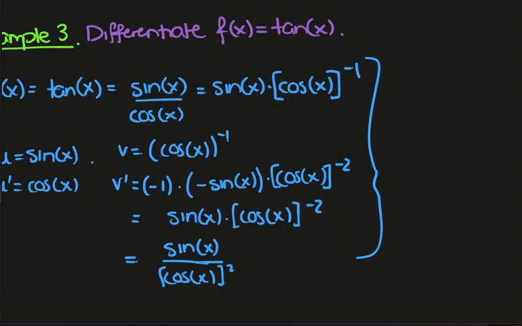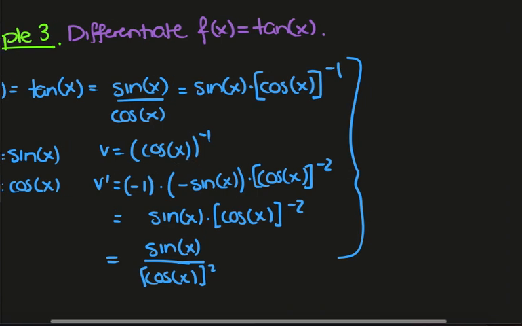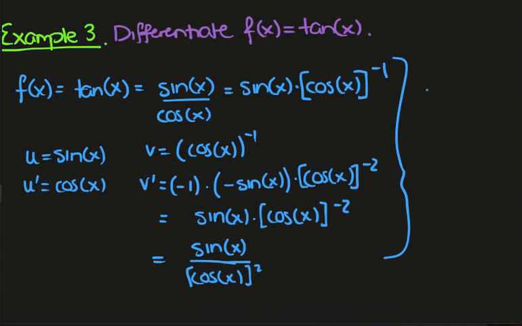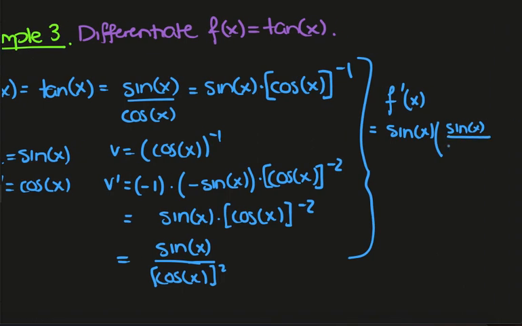So now we put this into the product rule formula, and what we'll have is that f prime of x is equal to u times v prime, so sine x times sine x on cos squared x. So cos squared x is the same as cos x all squared.